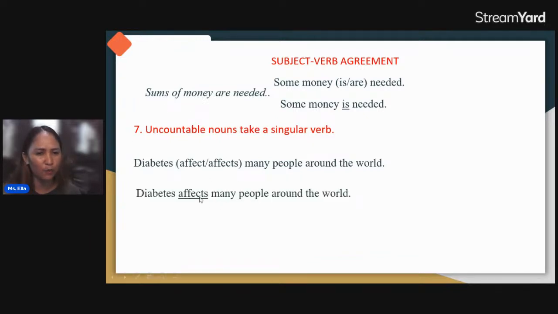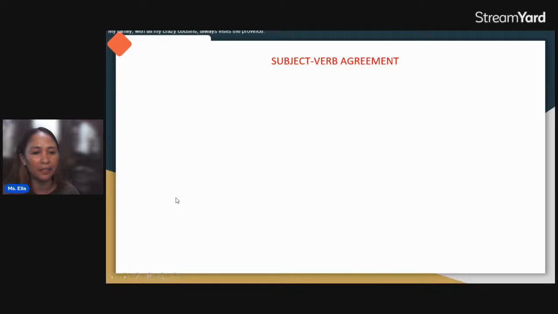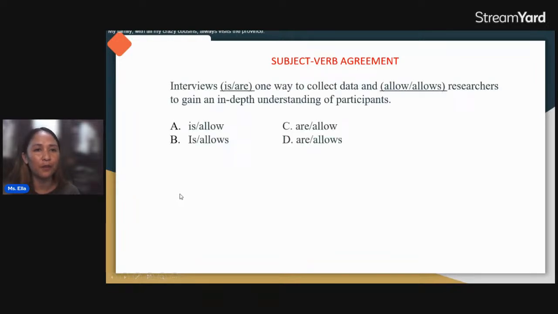Why? Again, uncountable noun. Diabetes, though it looks like a plural subject, is an uncountable noun, which means it is considered singular. Thus, it takes a singular verb, affects. I hope it's clear. Now let's continue.